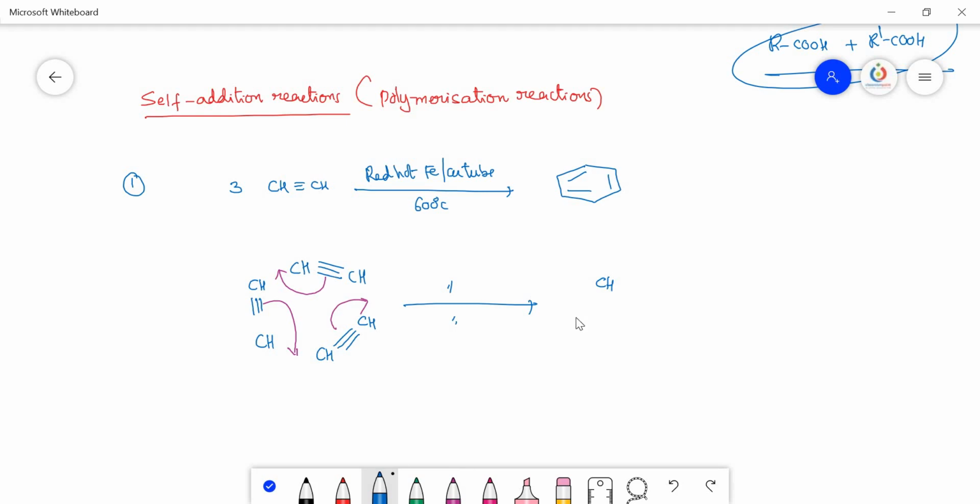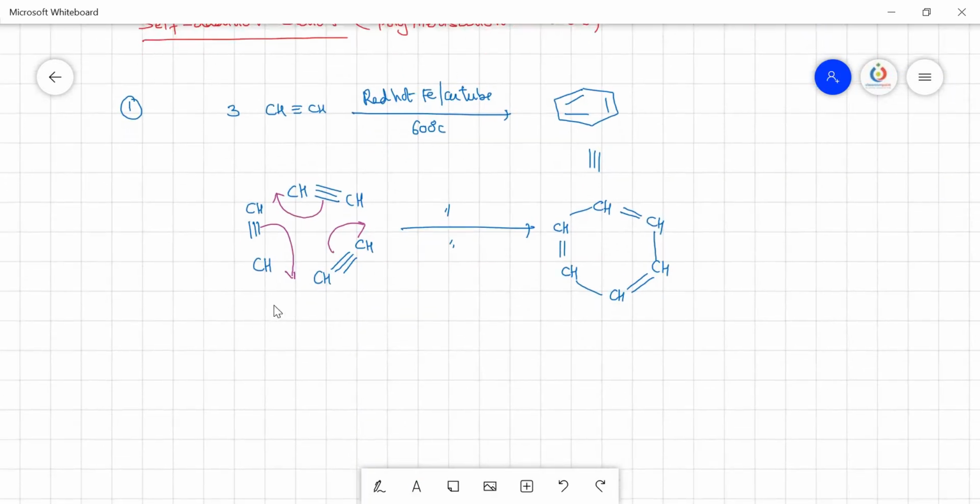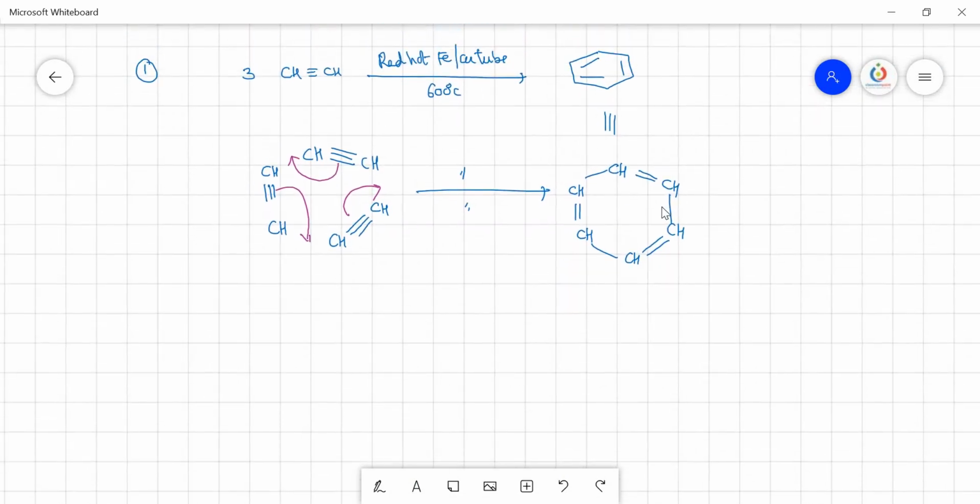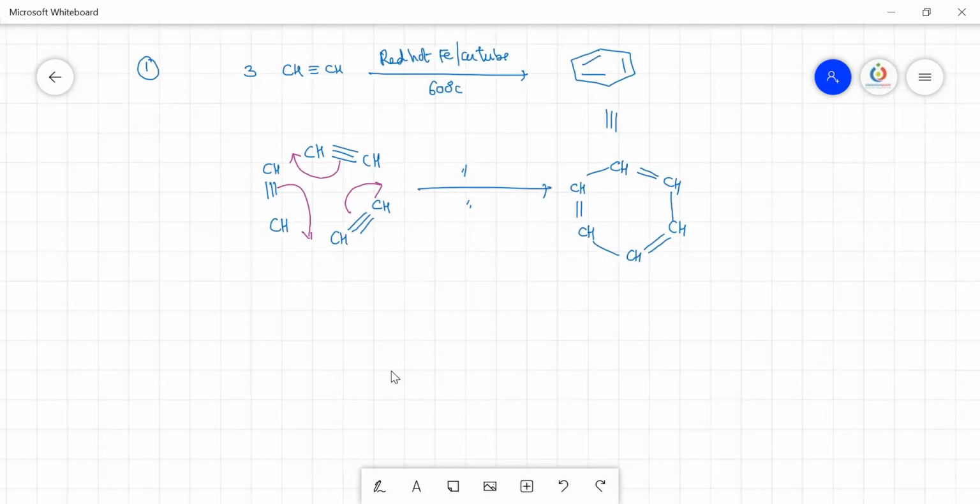Now one bond lost, so the double bond is there, CH. Now here single bond, here double bond, CH. Next again single bond, here next CH, which has the double bond, CH, single bond here. So it is nothing but the benzene molecule. This is one of the methods of preparation of benzene.